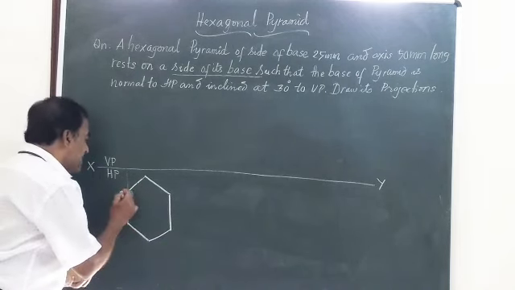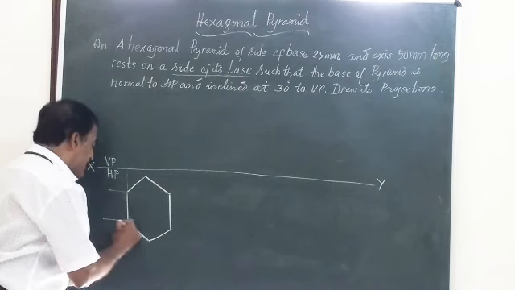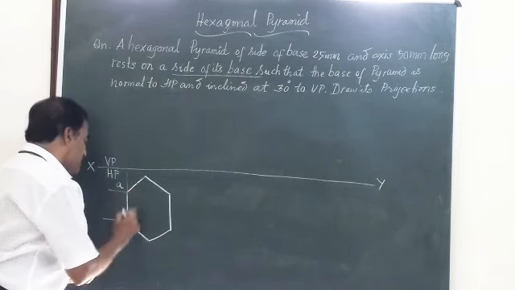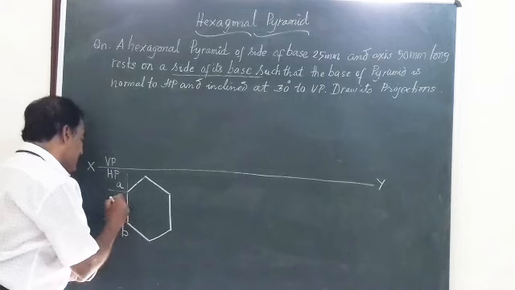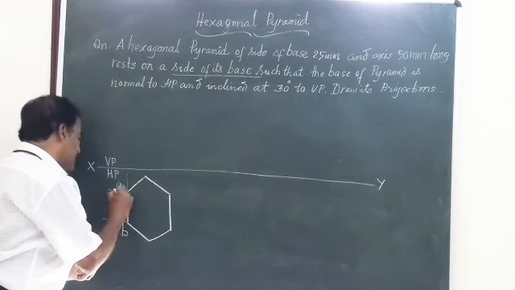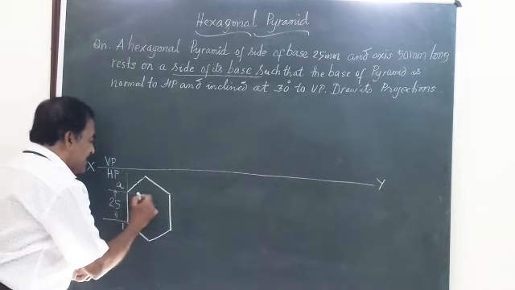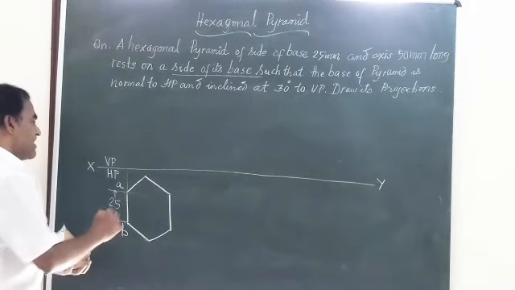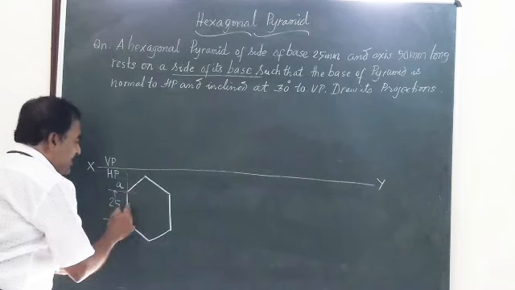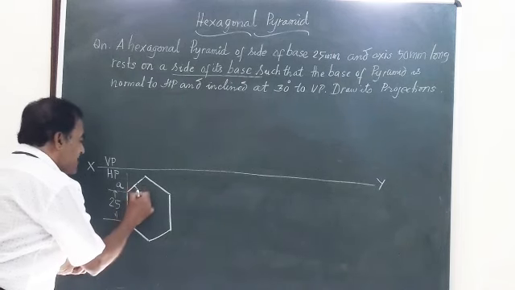How to construct this figure? I just mark a vertical line AB of side equal to 25 mm, this side of the base. And from there, I draw a thin horizontal line and mark here. This has to be 120, this is 90, so this has to be 30 degrees.